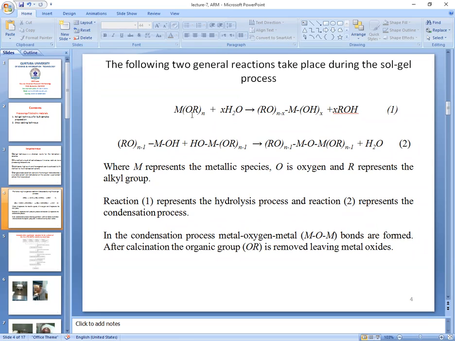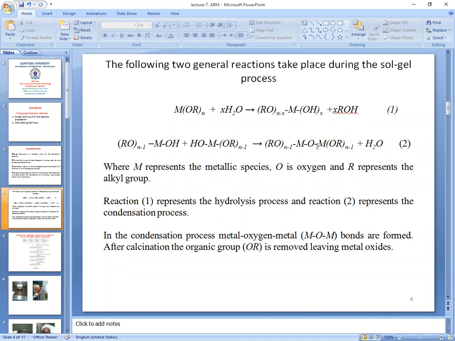and in the next process the water is removed from the solution, and we are left with only the MOM plus alkyl group. Alkyl group means the organic solvent like acetic acid, like CH3COOH, like ethanol, like methanol.